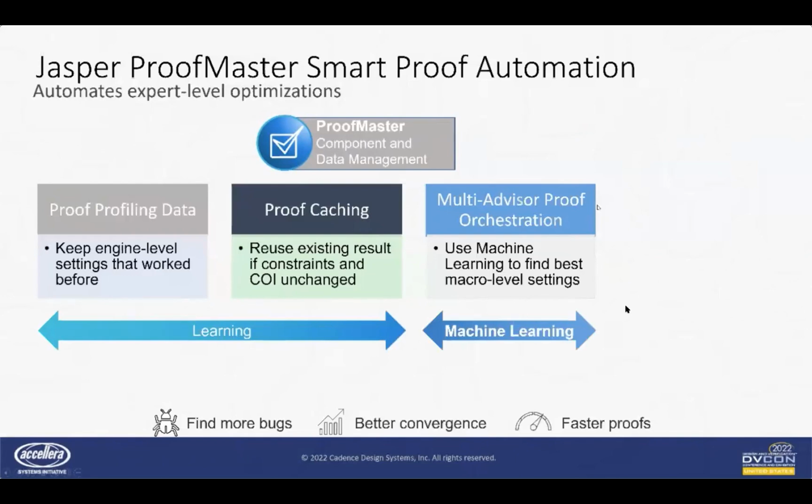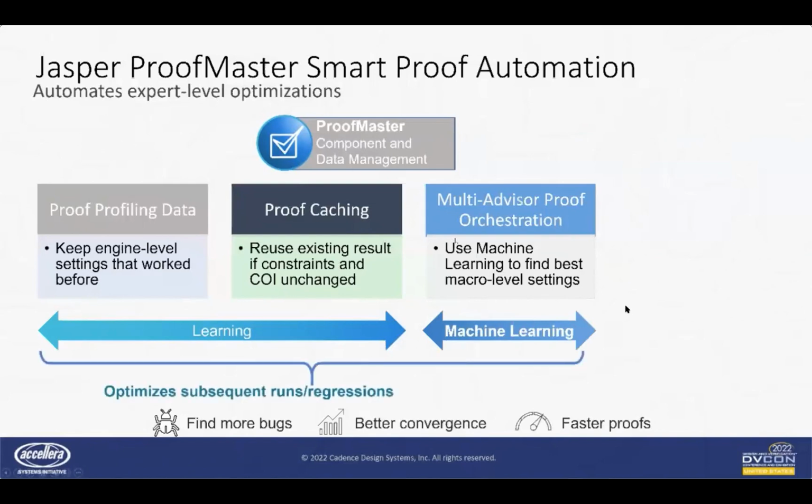Then we can apply under this multi-advisor proof orchestration capability some machine learning, such that any new proofs, especially ones that we find that are particularly similar, can be applied to brand new proofs and improve the overall out of the box experience within Jasper.